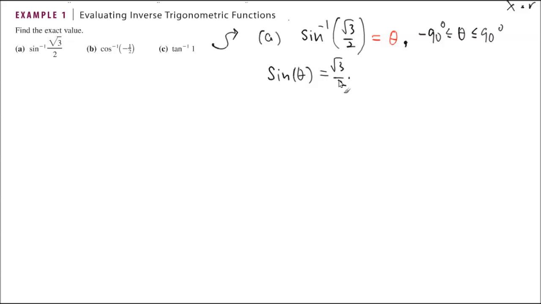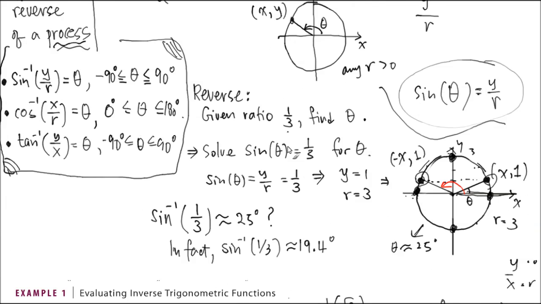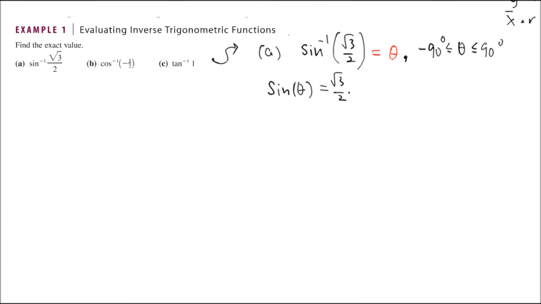That was the algebraic formulation of our reverse process right here. Given the ratio, you actually wanted to figure out this theta. So what I did with 1/3 is I wrote y over r there, right? So what is y? Root 3. What is r? It's 2, just like I did with 1/3.